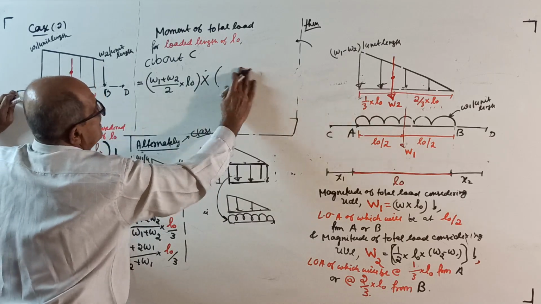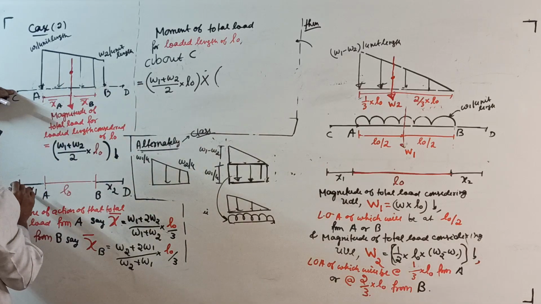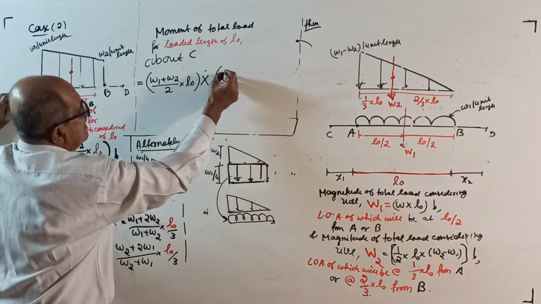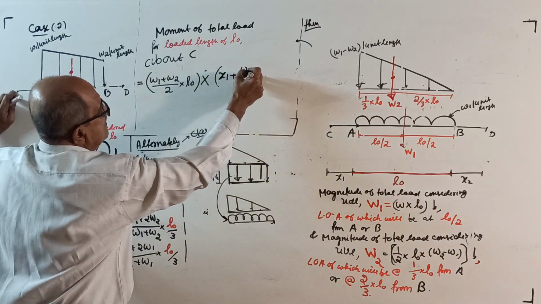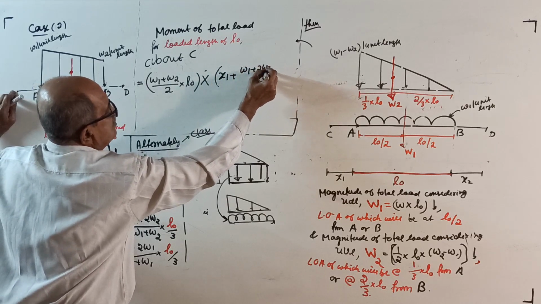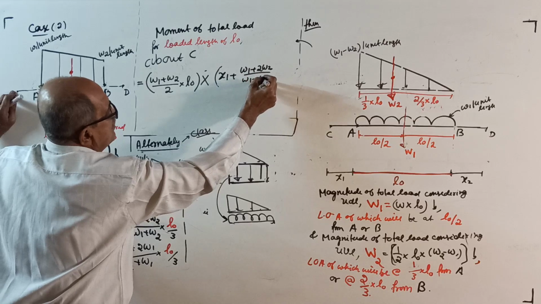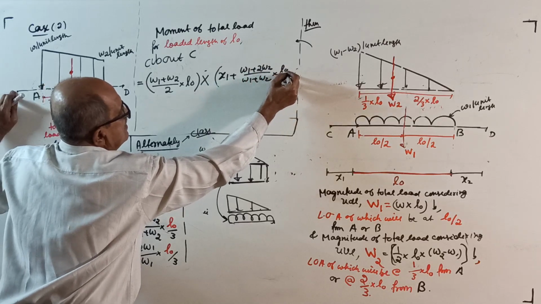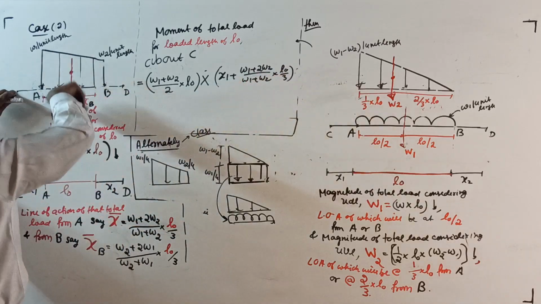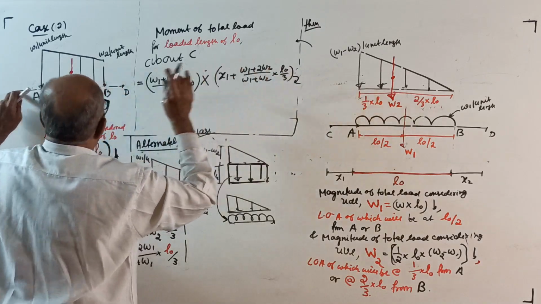Moment about C means first x1 plus W1 plus 2W2 divided by W1 plus W2 into L0 by 3, clockwise. Moment about D.